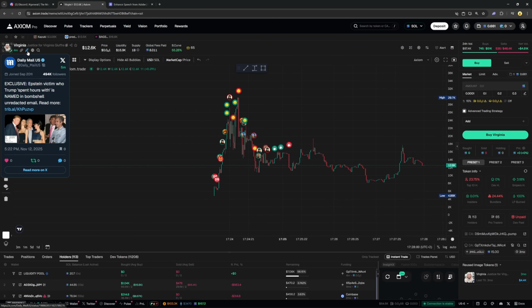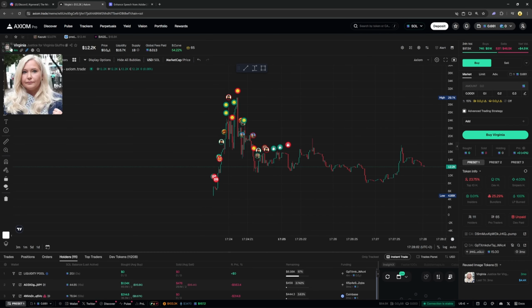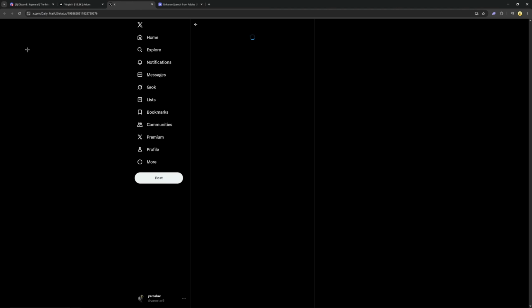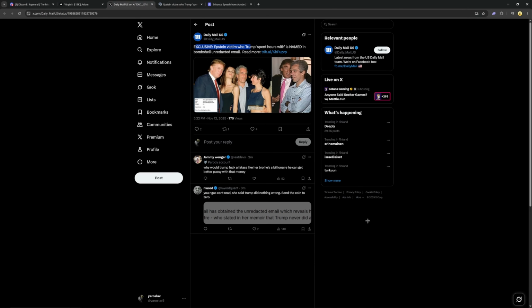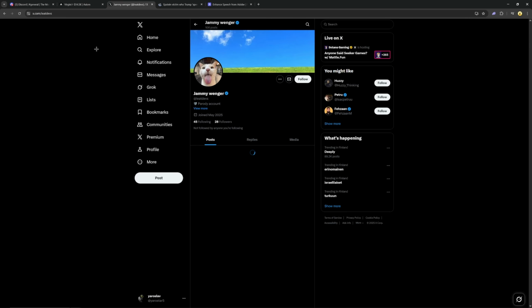So instead of us just looking at the picture, just looking at X, we're gonna do this. We go on X, we read all this. Exclusive: victims who Trump spent hours with name the bombshell. So read more, you open up these, you read these, you read if there have been any comments, you check out the people who the comments are from.